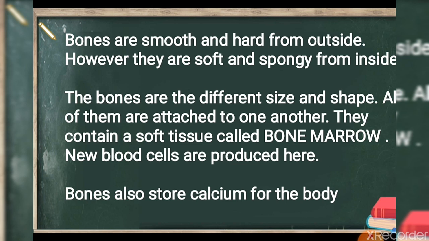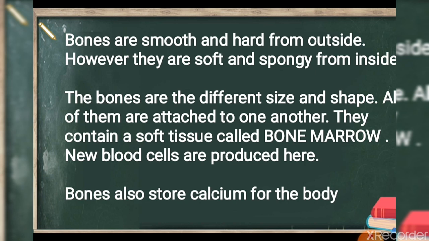New blood cells are also produced here. As your bones are hollow inside, in that hollow portion bone marrow is filled, and this bone marrow produces new blood cells. These blood cells are red blood cells and white blood cells. This you will get in next classes. And bones also store calcium for the body.